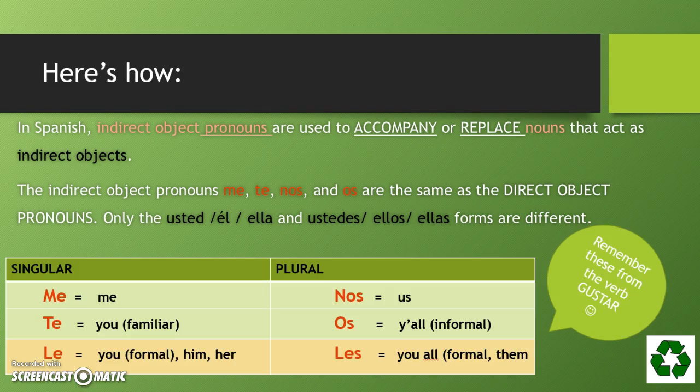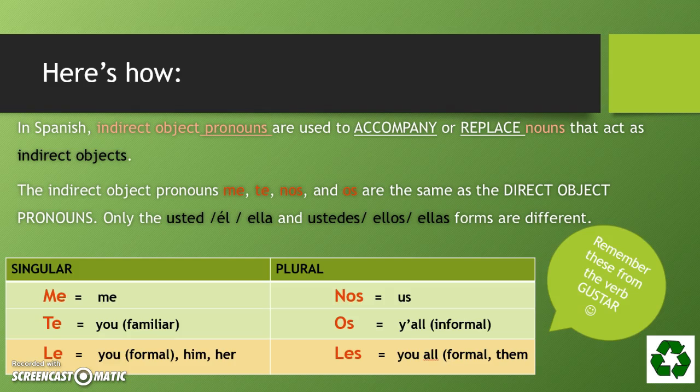Here's how it's done. So in Spanish, indirect object pronouns are used to either accompany or they may in some circumstances replace the noun that acts as the indirect object, or the nouns that act as the indirect objects. Down below you'll notice I have the indirect object pronouns that we can use to replace those nouns. They're going to look pretty familiar as me, te, nos, and os.